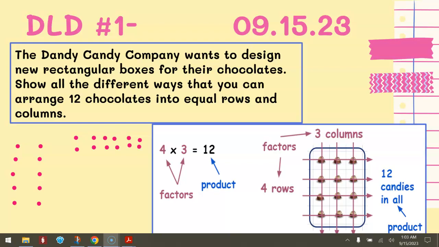Okay, and the factors here, let me go back to this smaller so I could write it. So we have 6 columns. Oh, let me erase that. I didn't do that so well.